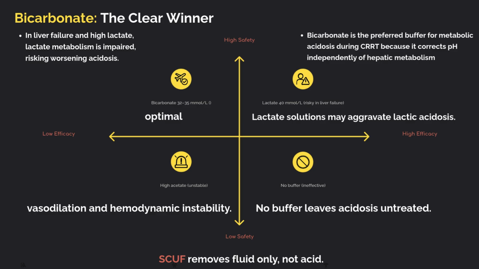On the upper right, lactate buffers can appear effective, but in liver failure they are unsafe because impaired clearance leads to vasodilation and hemodynamic instability. In lower zones, acetate buffers are unstable and can cause severe hypotension, while a low buffer system simply leaves acidosis uncorrected.